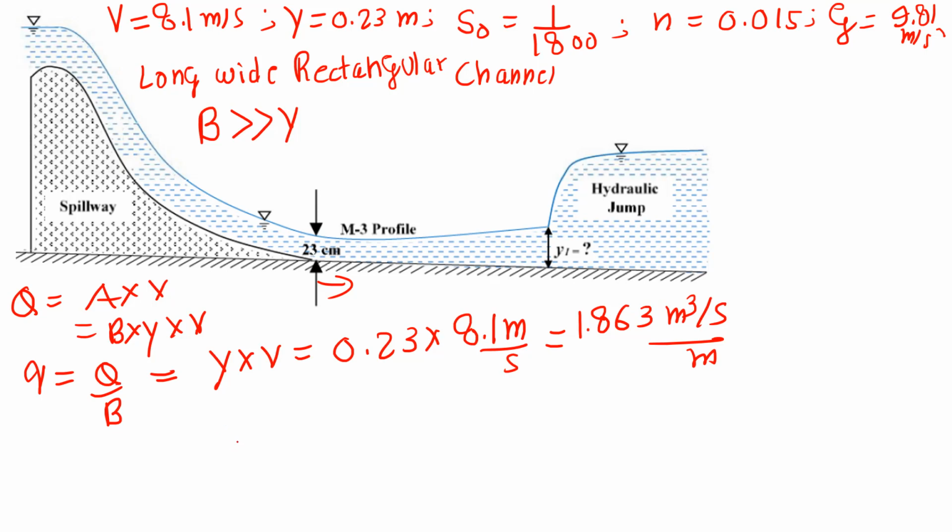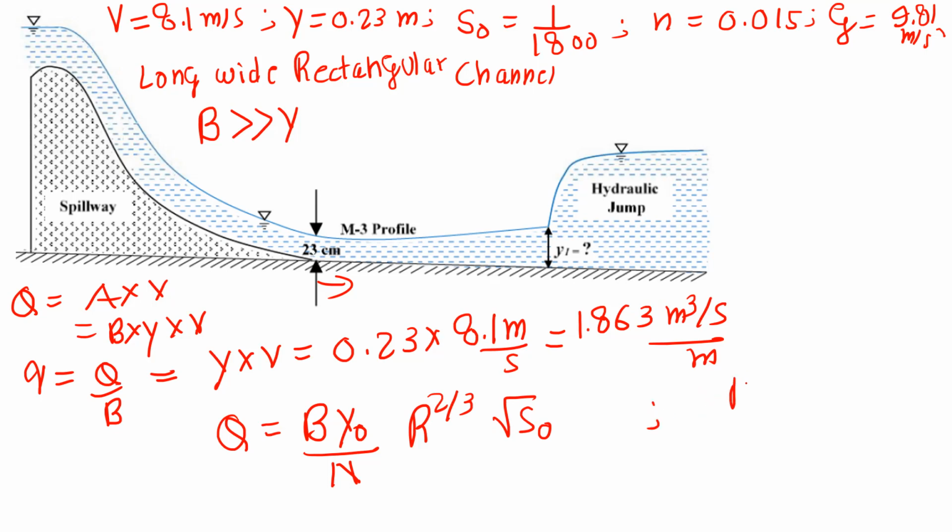Now let us calculate the normal depth for this flow. Normal depth: Q would be given as B times Y0, which is the normal depth, divided by Manning's coefficient n, R to the power 2 by 3 under root S0. As it is stated to be a long wide rectangular channel, R, which is A by P, would be By by B plus 2y, which would be approximately equal to y.